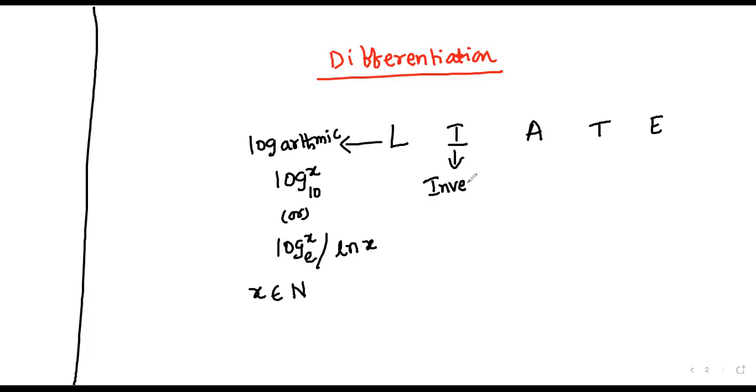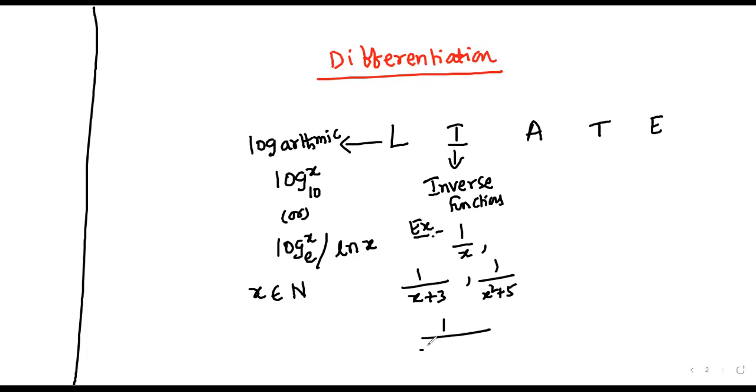Say, for example, 1 by x, 1 by x plus 3, 1 by x square plus 5, or 1 by x square plus 2x plus 6, etc. These functions we call inverse functions.